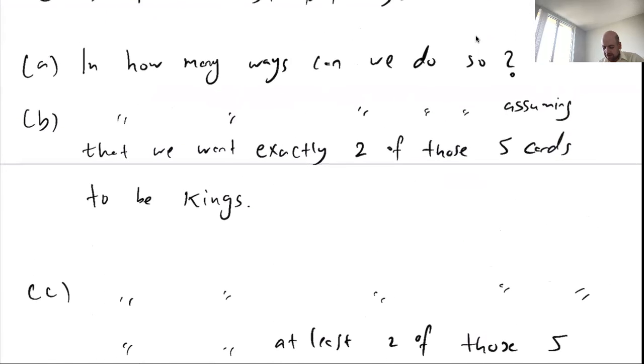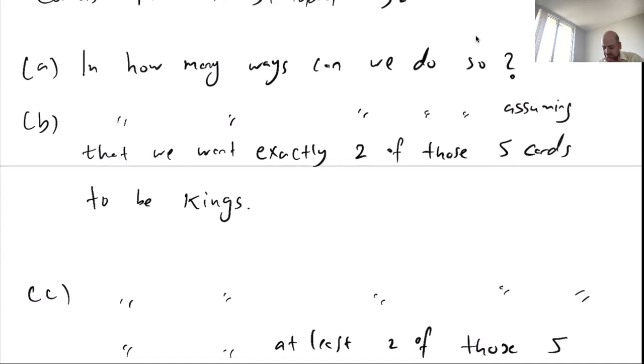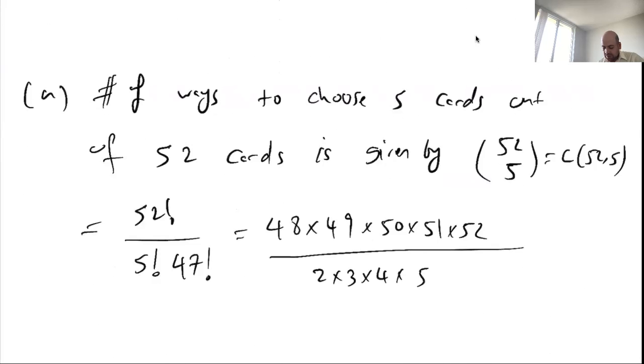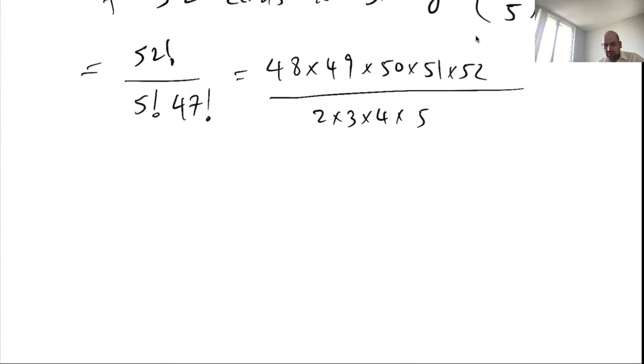Now part B, we want exactly 2 of those 5 cards to be kings. So what does that mean? That means I'm going to choose 5 cards, right? So 2 of them must be kings and 3 of them must be non-kings, anything but kings.